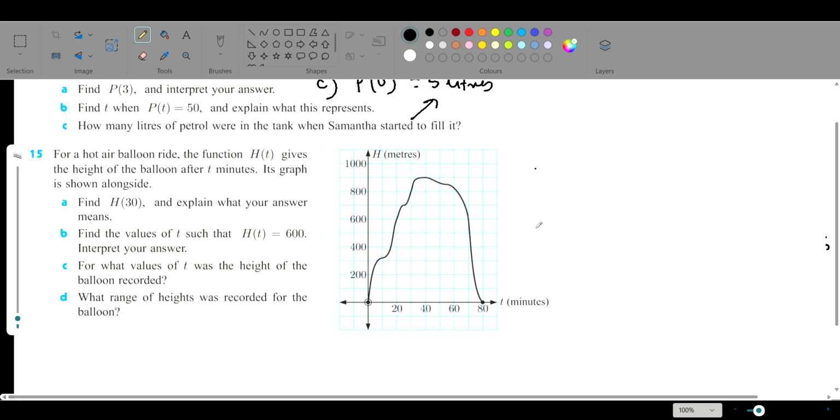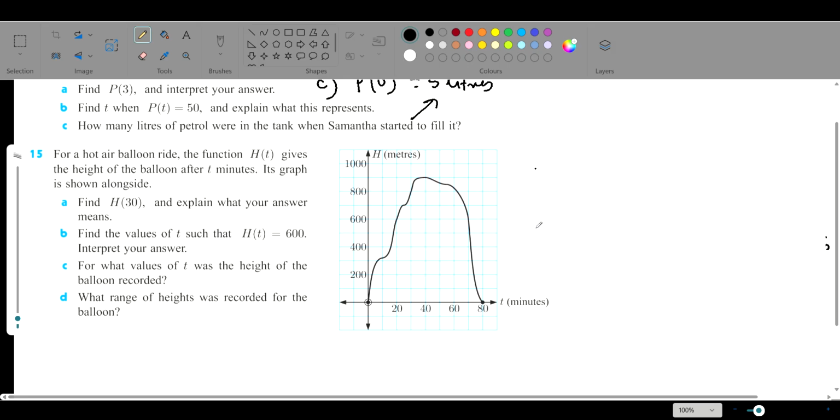Come to number 15. For a hot air balloon, the function H(t) gives the height of the balloon after t minutes. I don't know whether you have done it or not. It goes in the air and then comes down to the ground. It's a big balloon, and there is fire inside that keeps burning.